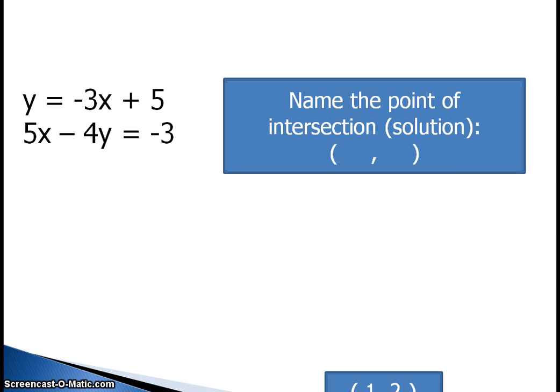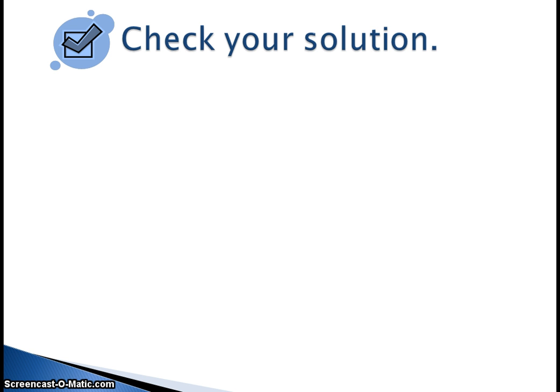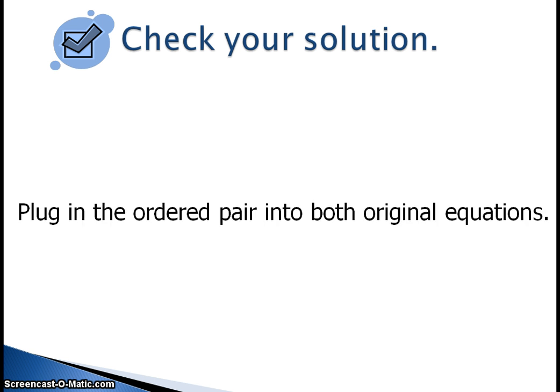Now it's very important that we name our solution. This is the point of intersection. If I were to put both of these equations into slope-intercept form and graph them, they would intersect at the point 1, 2. It's also very important to check your solution. We make lots and lots of silly mistakes. You've seen me make them on the board already.